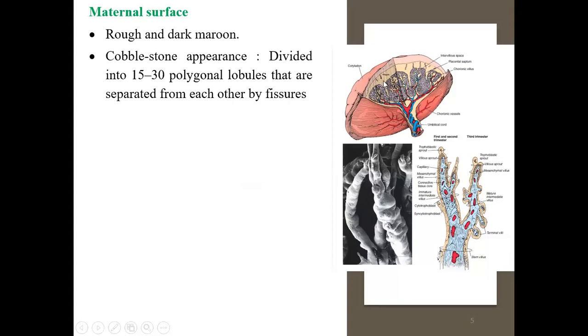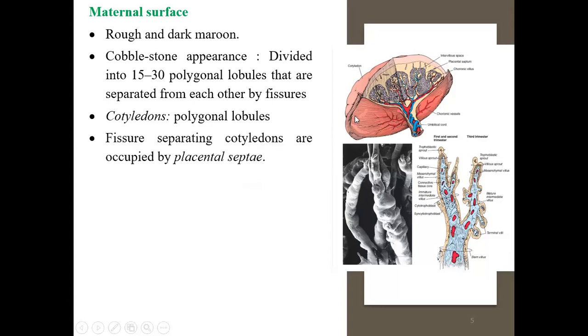It is divided into 15 to 30 polygonal lobules that are separated from each other by deep fissures. These polygonal lobules are known as cotyledons. The fissures which are separating the cotyledons are occupied by placental septa.